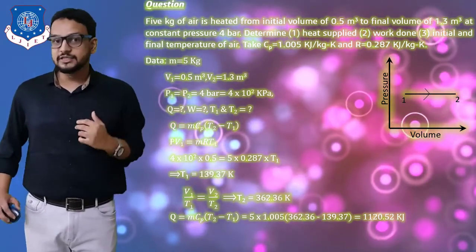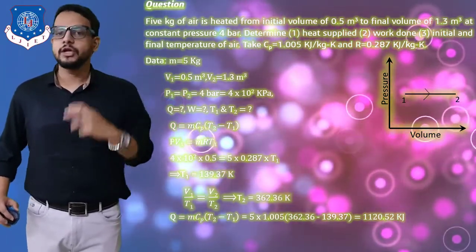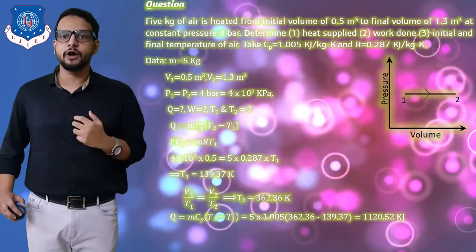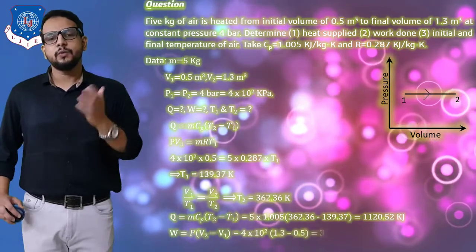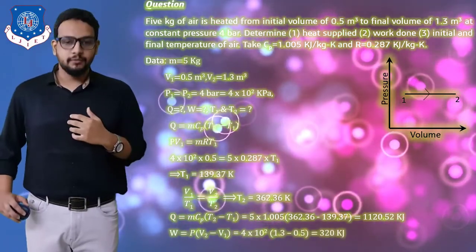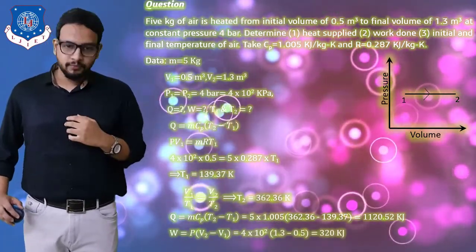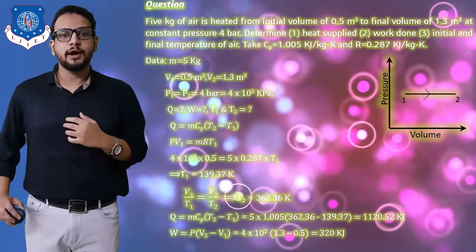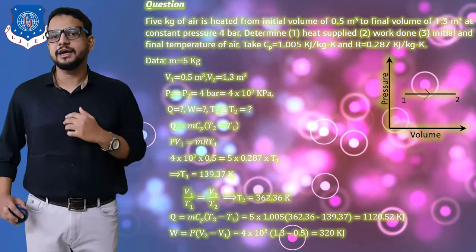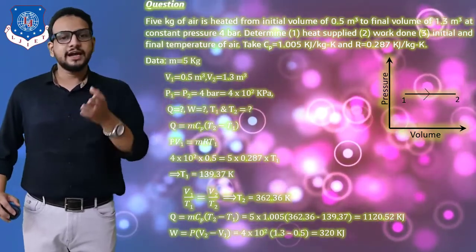Now our next task is to determine how much work is done during this process. We know the formula for work transfer, that is W is equal to P (V2 minus V1). Pressure is known, that is 4 bar. Volume V1 is 0.5 meter cube. V2 is also given in our data, that is 1.3 meter cube. So it's a direct application.